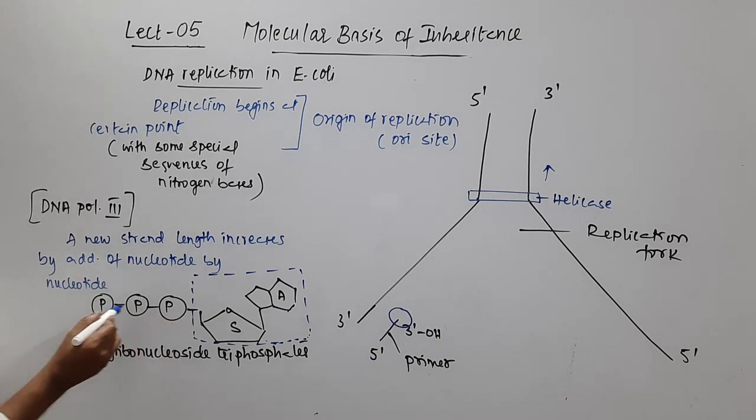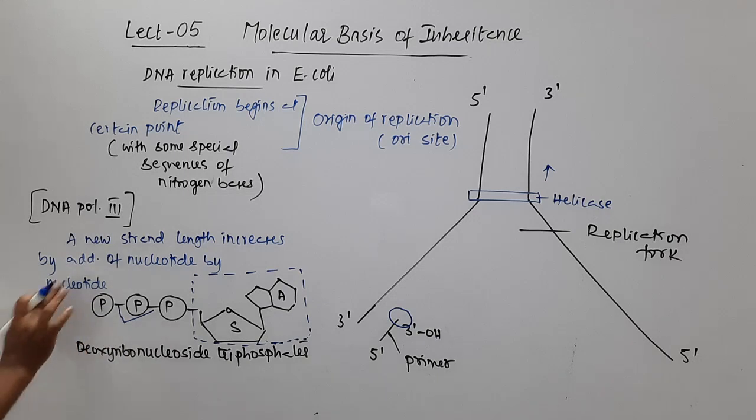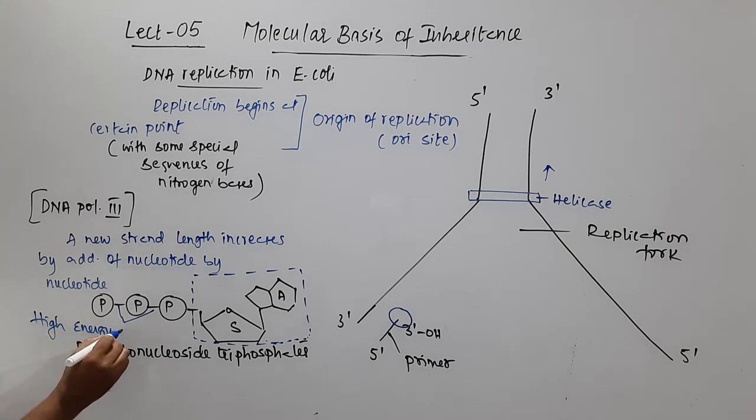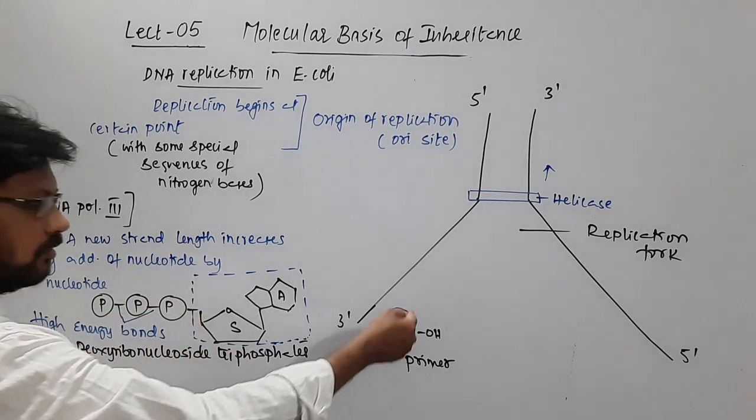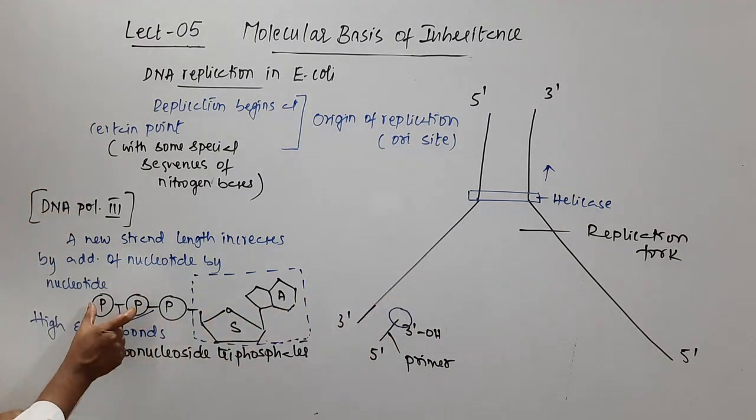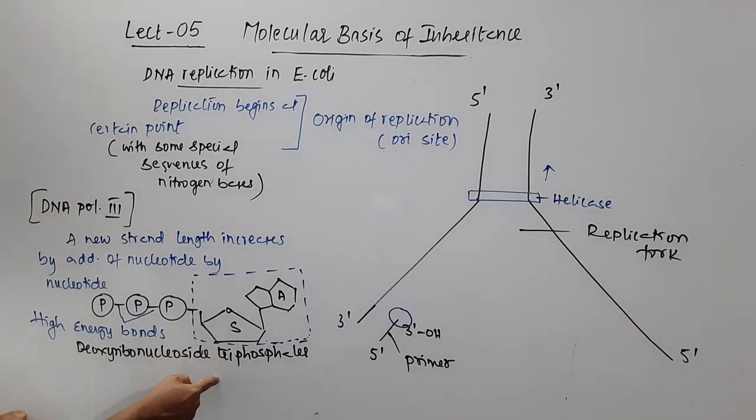The bonds present between the last two phosphates are high energy bonds, so they contain energy. When this is going to add up here, these two terminal phosphates will get removed, and this will become monophosphate. So the deoxyribonucleoside triphosphate will become deoxyribonucleoside monophosphate.